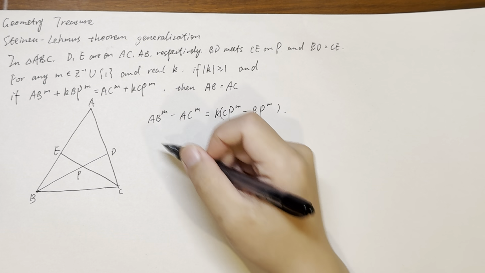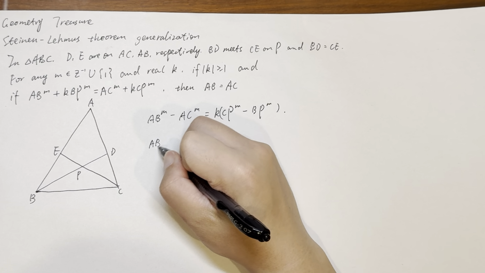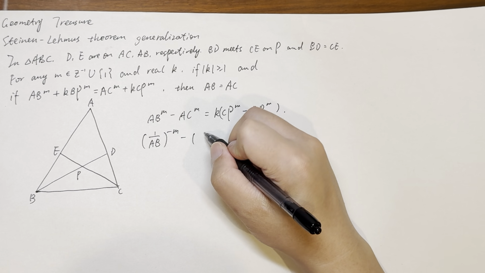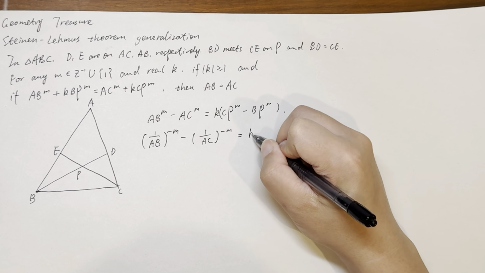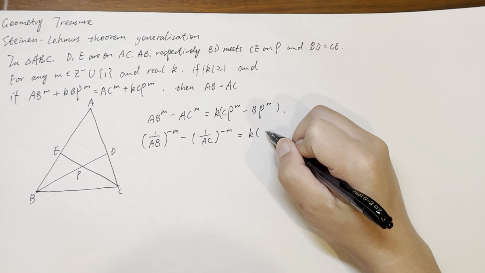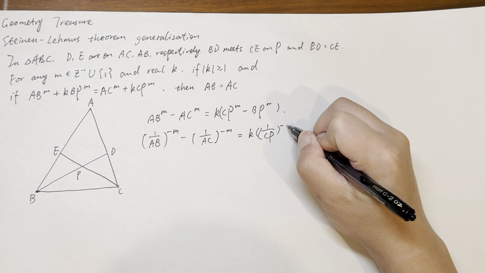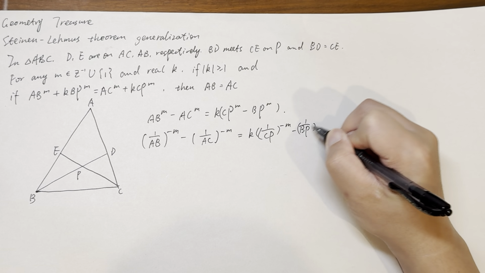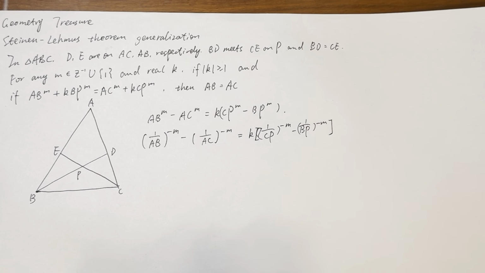And for this one, we can rewrite it as 1 over AC, and here k times 1 over CP and 1 over BP. We can rewrite it this way.